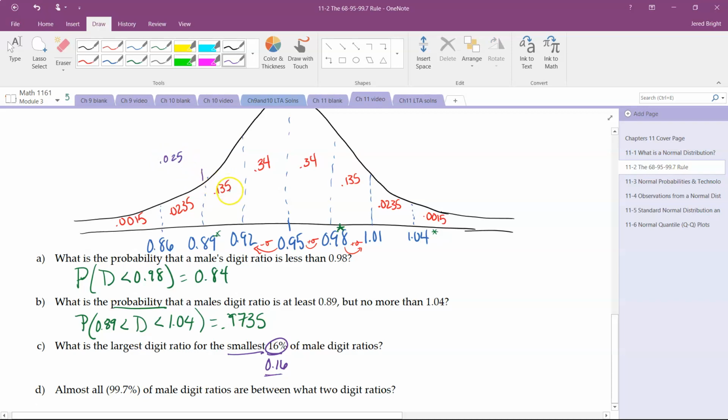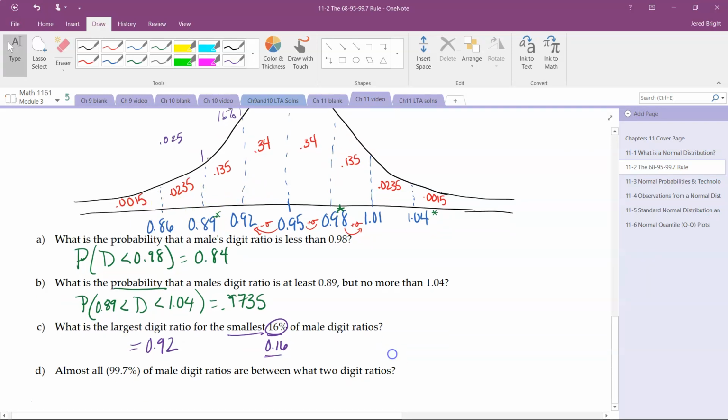And then if I tack on the 13.5, then I'm at 16%, or 0.16. So this one, there isn't a whole lot of work I can show. I just have to say that the largest digit ratio here is 0.92. And if you need to, you could add up those pieces and show your work that way, but I would just probably list the answer.